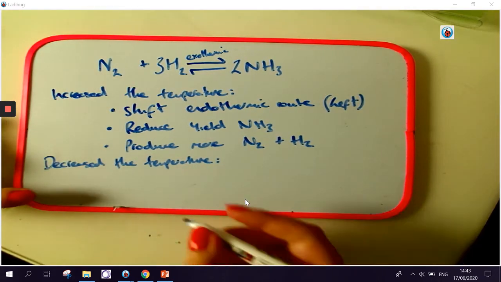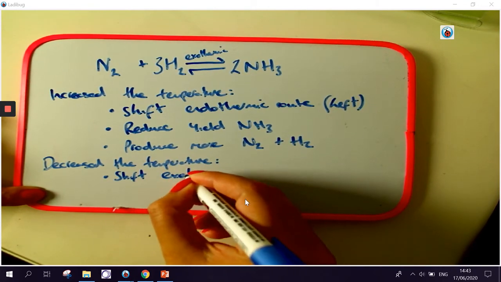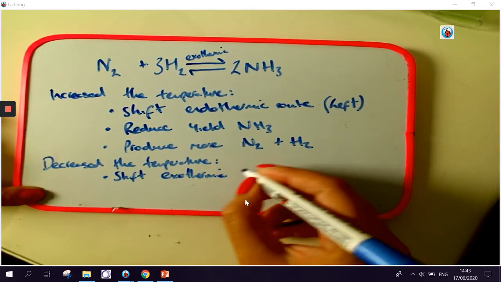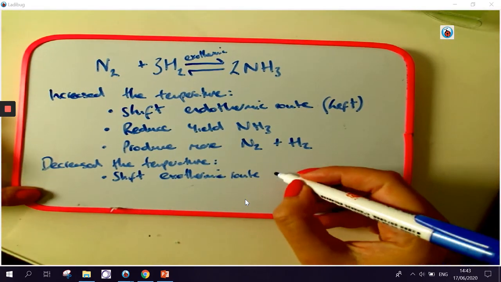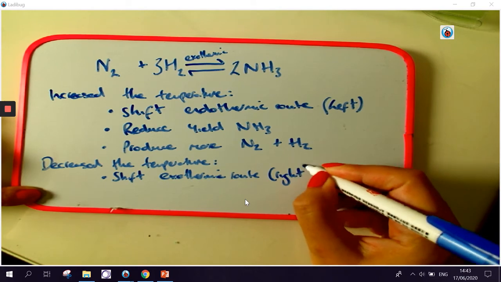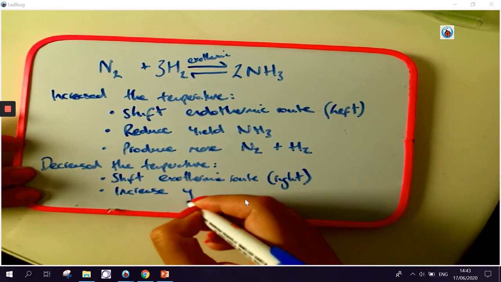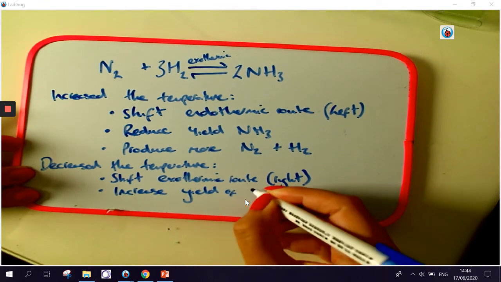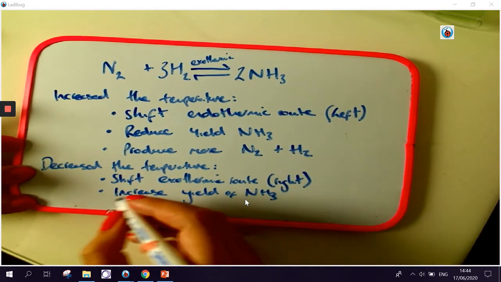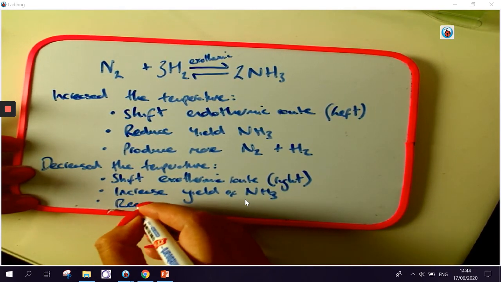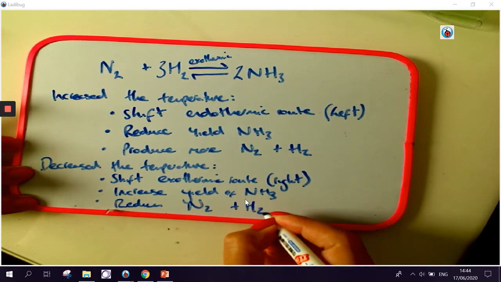If that happens, this reaction will shift in the exothermic route, which is to the right in this case, which means it would increase the yield of ammonia. That 3 looked like a 2 then, sorry. And it would reduce the amount of nitrogen and hydrogen.